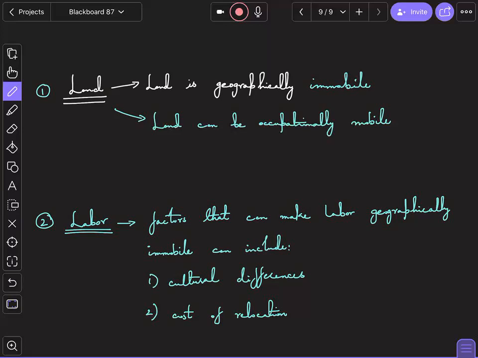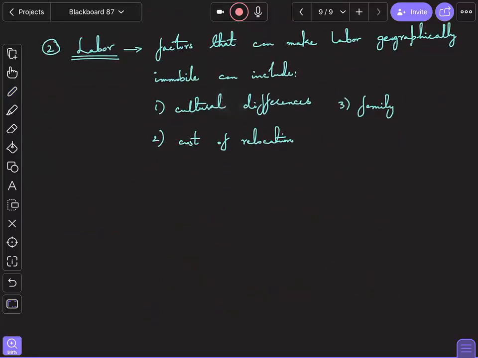And then you can also include family. For instance, if someone has aging parents or children in one city or country, they are less likely to move as compared to people who don't have family or any such factors that can hinder their ability to move from one geographic location to another.